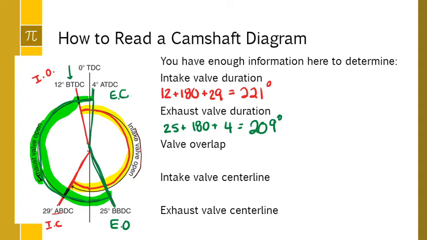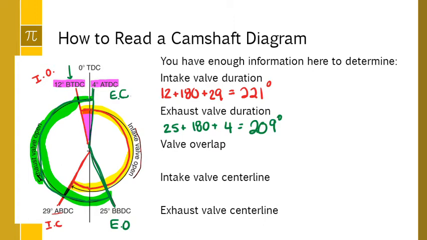Okay, now let's talk about the valve overlap. I'm going to make that pink. Valve overlap always happens around top dead center, and it's just the sum of this little number here and this number here. So if you open your intake early and you close your exhaust valve late, you'll probably have valve overlap.